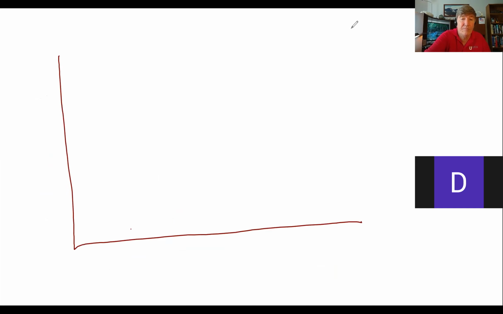Some of you did something that I thought was really good. So let's say here's your x-axis here. Let's say this is 10. So you did an experiment where your independent variable was set for 10, and then you got some number there. And then you did it again, and you got a slightly different number, which happens in the real world.